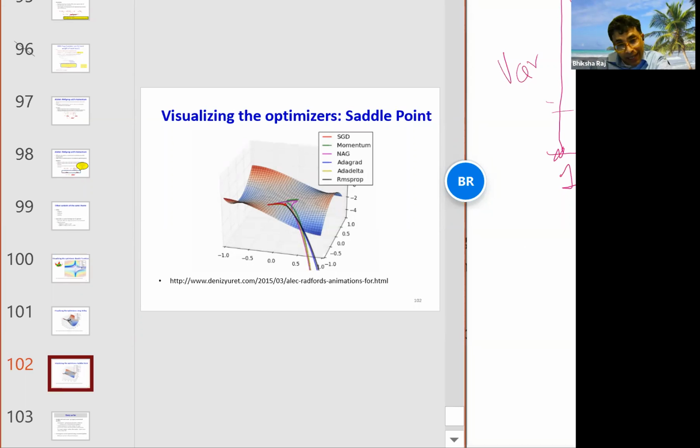You can actually predict which of these techniques is most likely to get to the solution faster if you know the topology of the loss function at any point. Unfortunately, we don't, so you end up having to take a guess. So I'll stop over here, and I'll stop my recording.